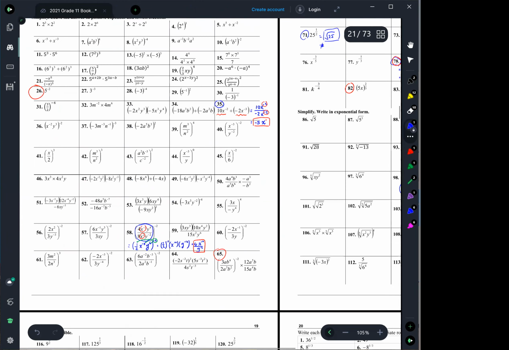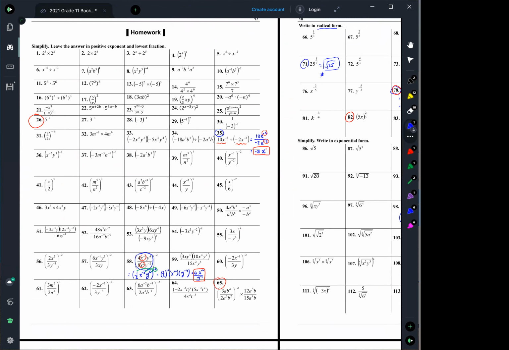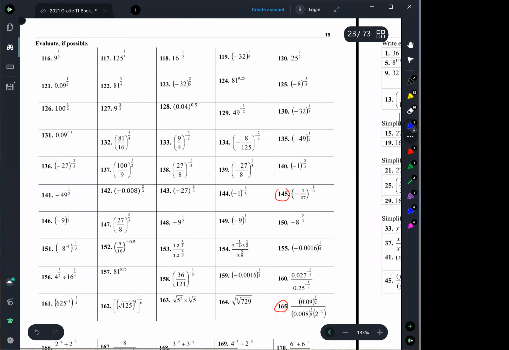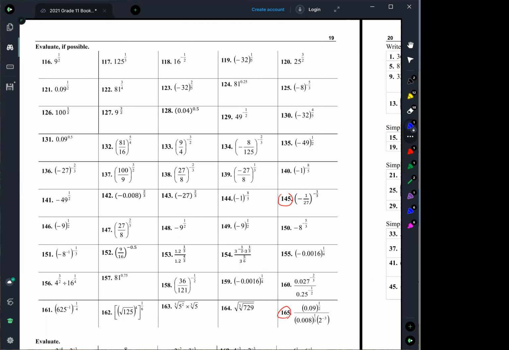So in the homework, if you're missing a page, you can just text me and then I can send you the picture. Yeah. It's just this one question I didn't understand. Not understand, but got confused about.